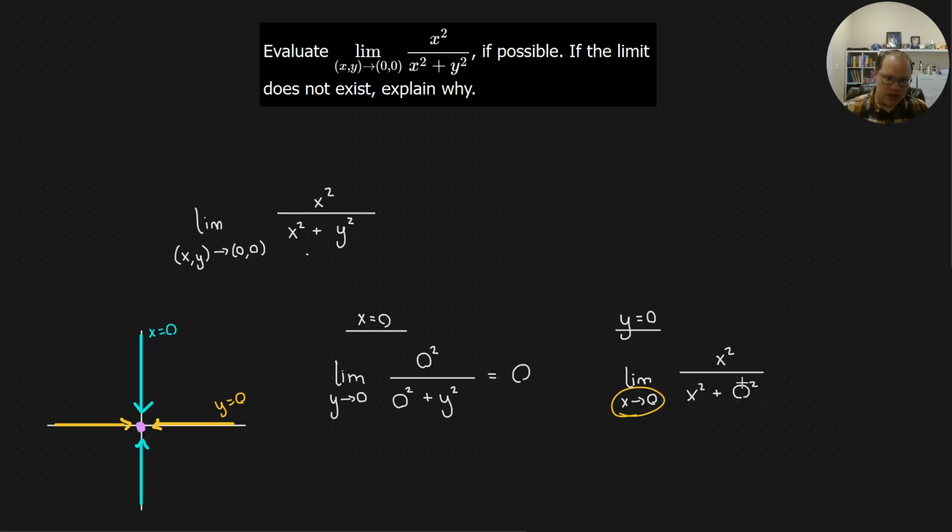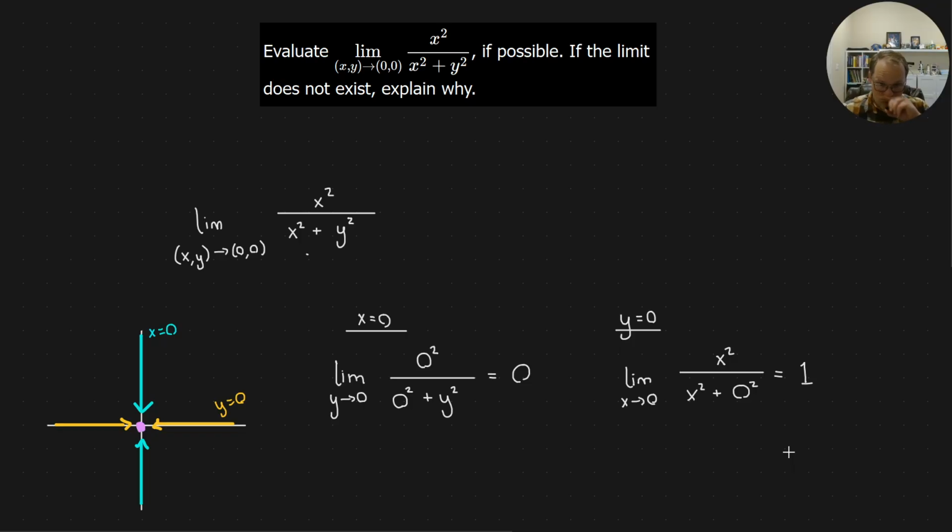Since the x is changing, I leave that as a variable, but the y I've set equal to 0 because that's the path I'm looking on. The x squared plus 0 squared is just x squared, and then the x squareds cancel. I'll get 1.